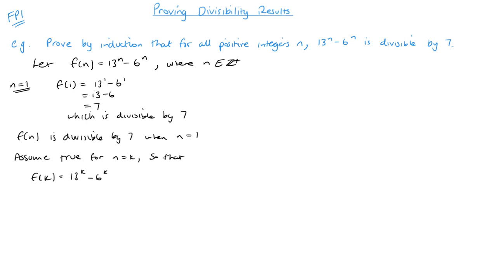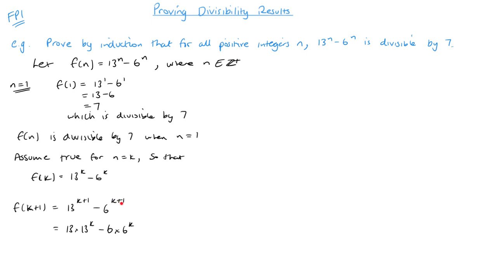So that is now my first two steps: n equals 1, my basis step, and then my assumption step, n equals k. Now my next step is f of k plus 1. So this one is going to be 13 to the k plus 1 minus 6 to the k plus 1, which is 13 times 13 to the k minus 6 times 6 to the k.